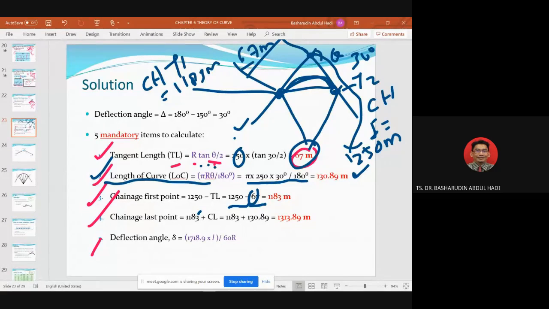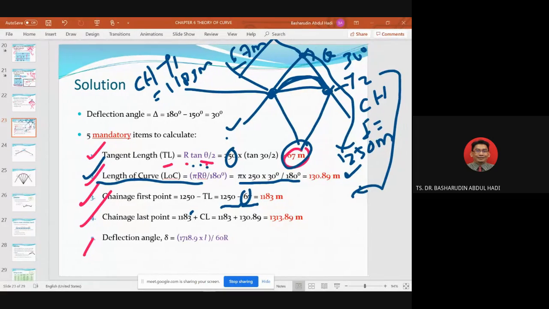How do we search for T2 here? The calculation is easy. So 1250 meter, you plus the tangent length 67, because this one is also 67.